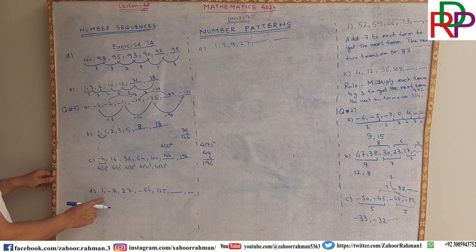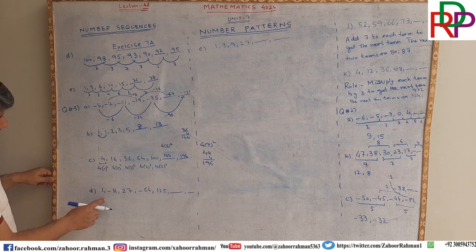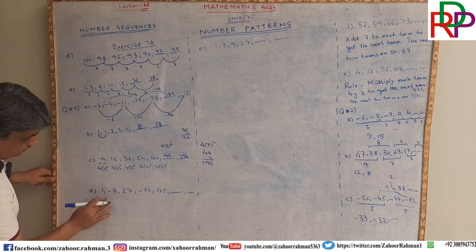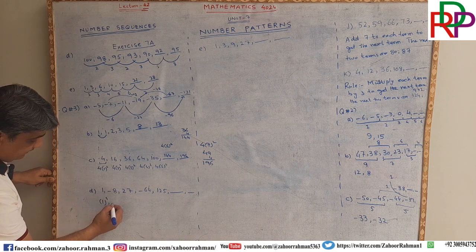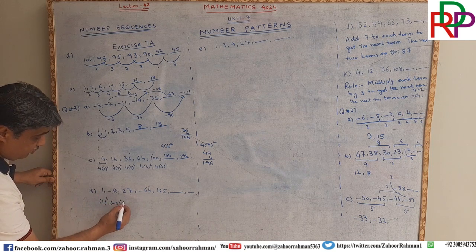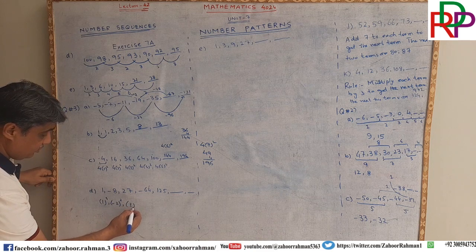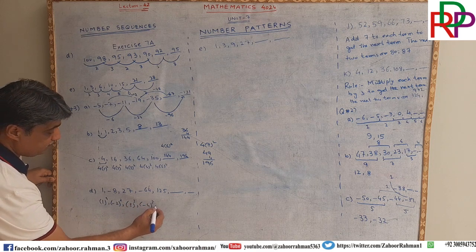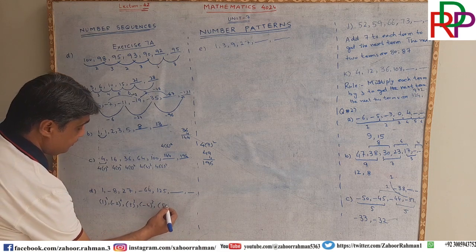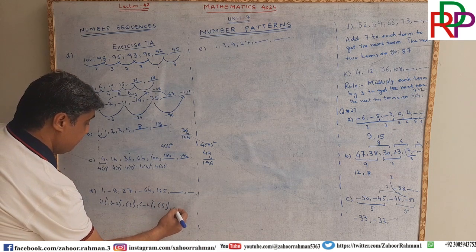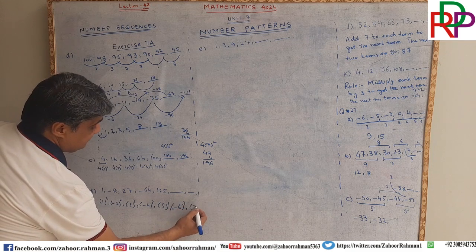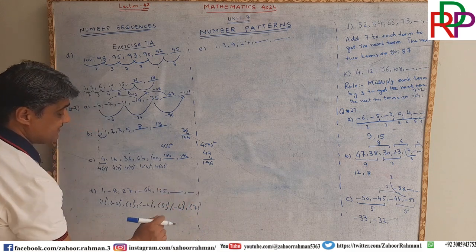Now part D is saying that you are taking 1 whole cube, minus 2 whole cube, 3 cube, minus 4 cube, 5 cube, minus 6 cube, and 7 cube, because this is the 7th term.